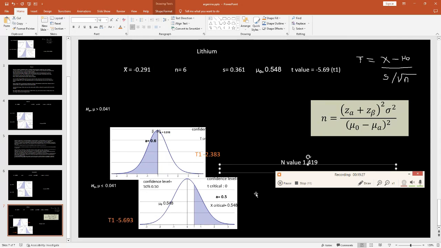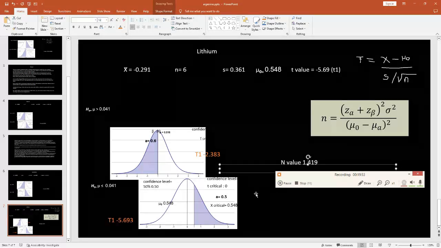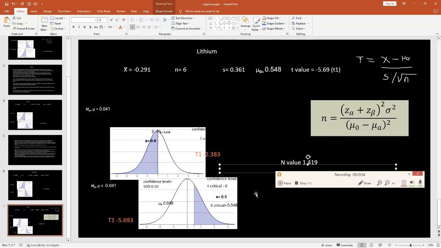So if you take the distance from the mu naught of the bottom curve to the t alpha in t values, and then add to that the distance from that t alpha, which is also the same as t beta on the top curve because they're in the same place, to the center of the top curve, that's the total distance in t values from the center of the bottom curve to the center of the top curve.